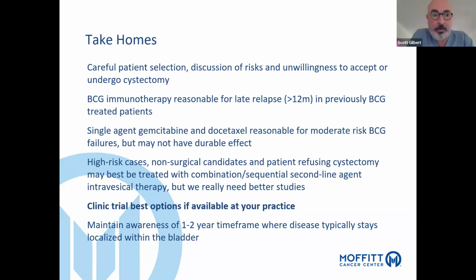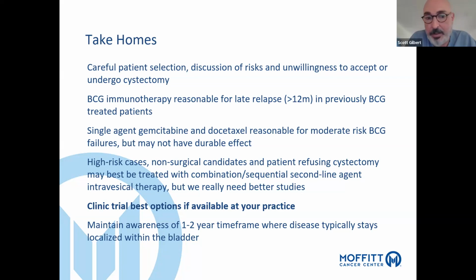Okay, so some take homes, really important patient selection for this group. Immunotherapy with BCG reinduction is reasonable for late relapses, so prior BCG exposure greater than a year. Single agent gemcitabine and docetaxel or mitomycin, I think, are reasonable for low and moderate risk BCG failures, but not high risk cases.